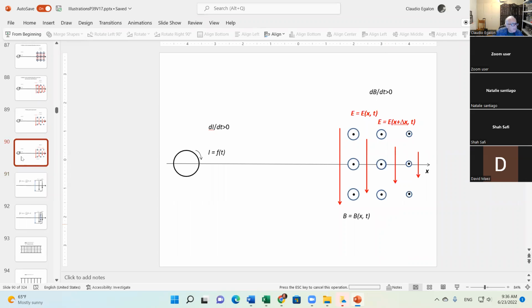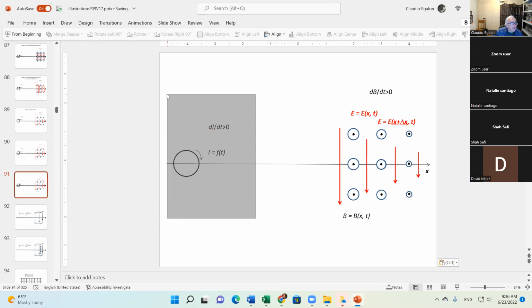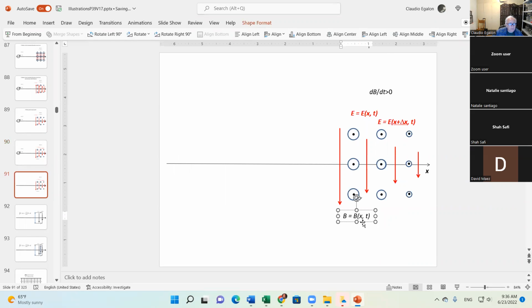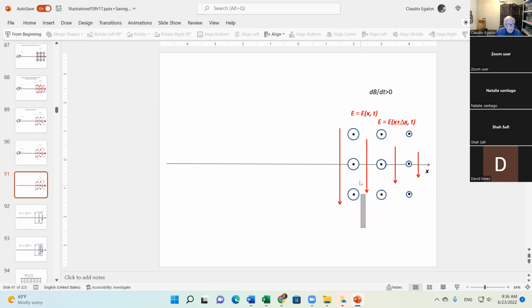I'm going to copy and paste here. And now I'm also going to simplify my drawing to keep as little information as possible, only the information that's really required, okay? I'm going to eliminate my magnetic field lines to help you out with the proper understanding of the problem that you're doing.